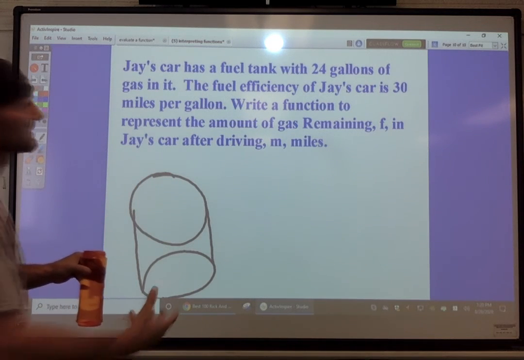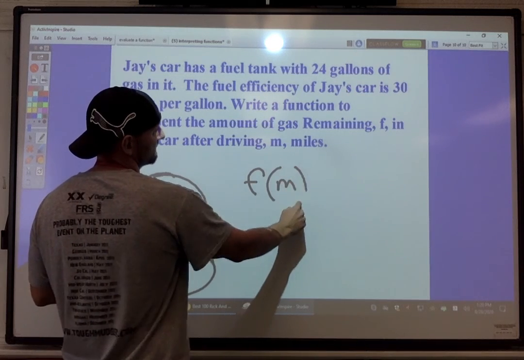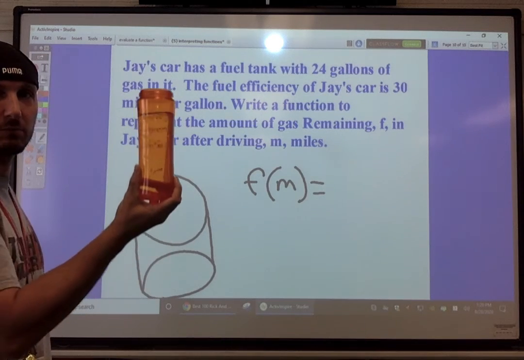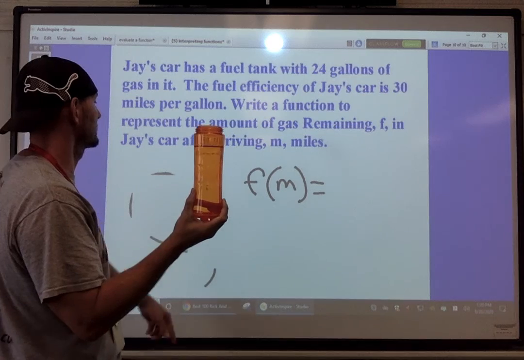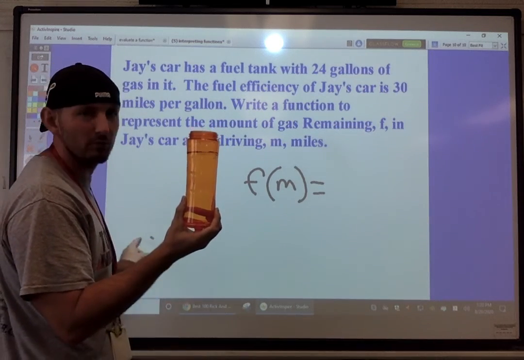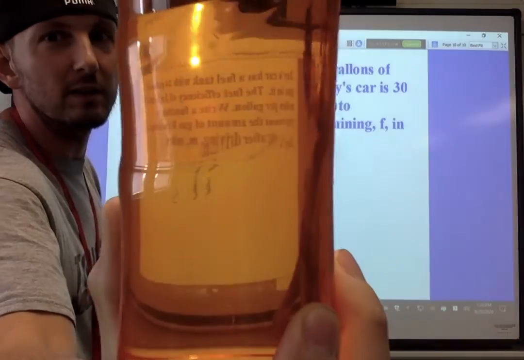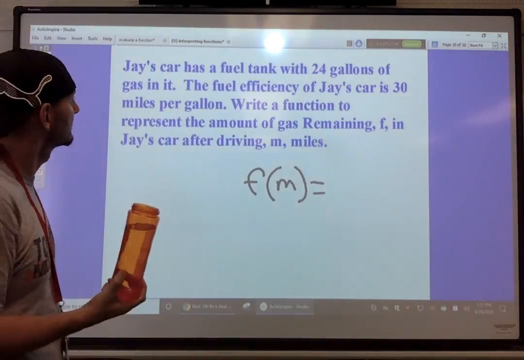Our function is going to be set up as the fuel remaining depends on the number of miles driven. So here's the fuel. We'll say it's a gallon. I know it's not. So just use your imagination, squint, or get really close to it and make it look bigger. So now you can think it's a gallon.